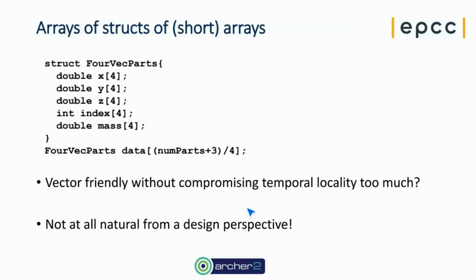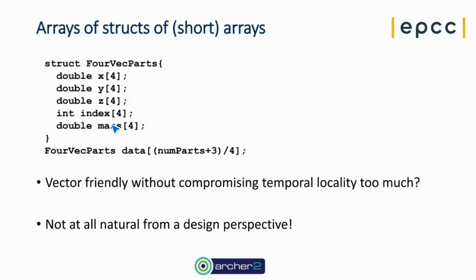Because if these are large enough, then maybe these actually might be on a different line. If we organize things carefully, then these might lie on a different cache block to these, and so they won't necessarily be loaded every time we access this data structure. However, this is just not at all natural from a design perspective.